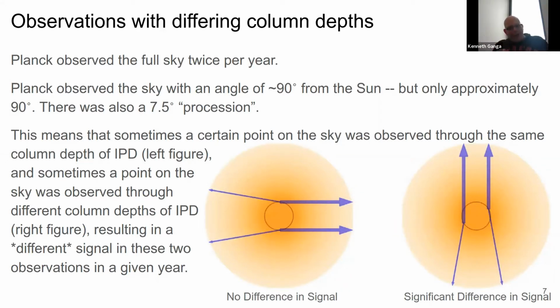Because I've rotated my polarizer, I'll say, oh, that different signal must be polarization. But it is actually not polarization, because I'm looking through a different column as well. This is a small effect, but it's something that we should check, because that is LiteBIRD's raison d'etre, to measure polarization. So this is what worries me.